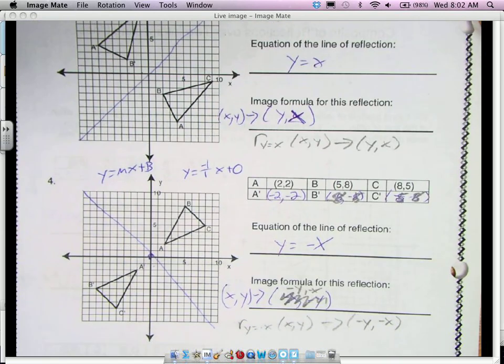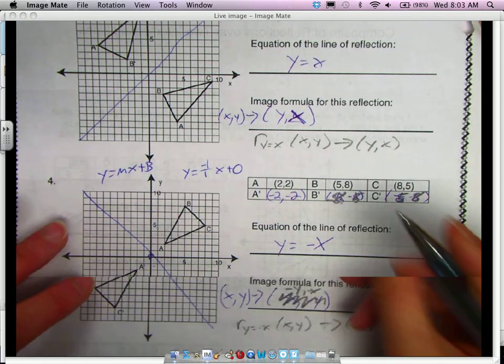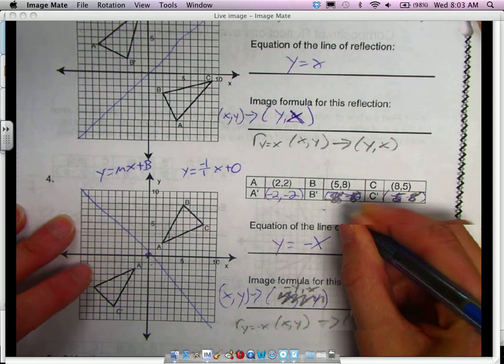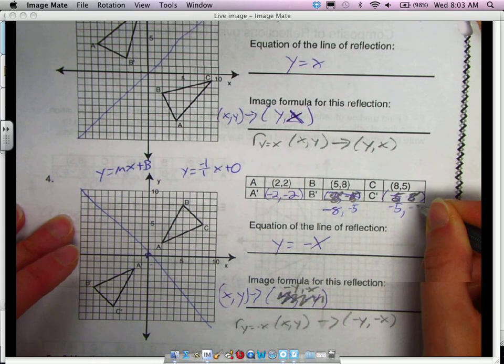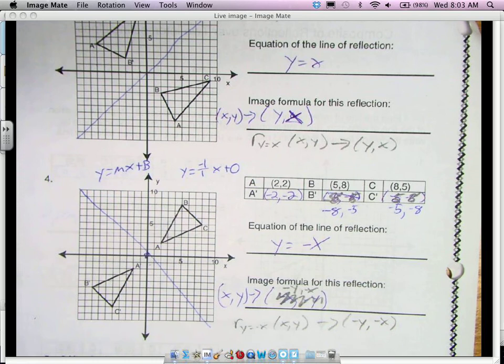I don't know why this is written so poorly. This should be -8, -5, and -5, -8. There, that's more legible. And it's y equals -x is my equation, and my image formula is -y, -x.